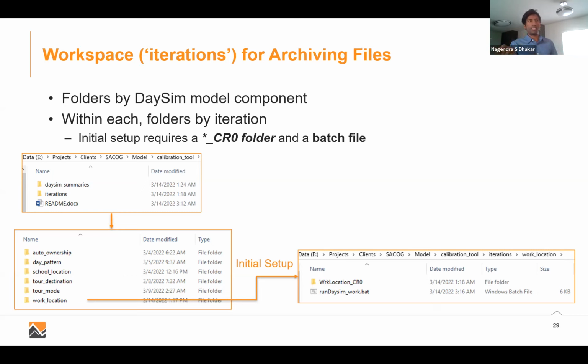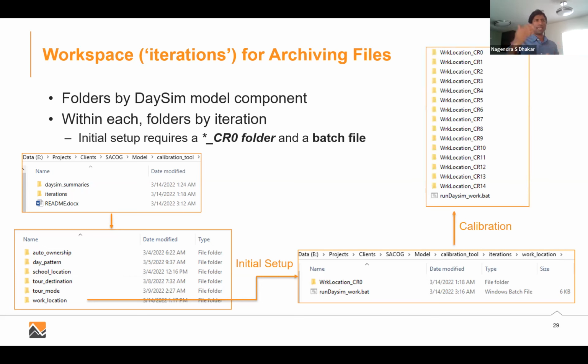CR means the calibration round, and the number means the iteration number. So for iteration number 0, you need to have that folder, with an initial set of files that includes the coefficient file and the shadow prices that we try to keep constant throughout the model folder, so that we keep all the inputs the same except the coefficients.